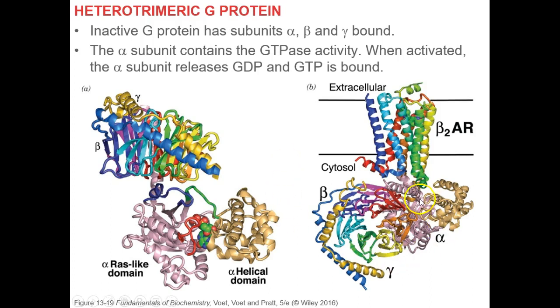The alpha subunit contains the GTPase activity, so the G protein is inactive when all 3 subunits are associated with one another and when GDP is bound. Activating the protein means that alpha dissociates from beta and gamma, and GDP is swapped for GTP.